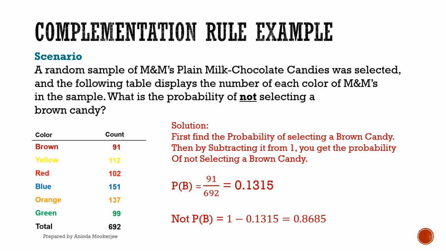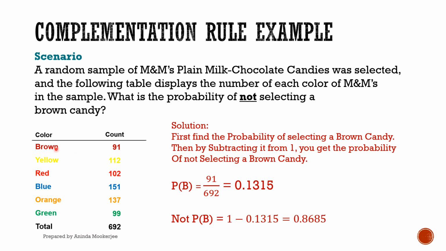Here's an application of the complementation rule. It says here a random sample of M&M's plain milk chocolate candies was selected, and the following table displays the number of each color of M&M's in the sample. What is the probability of not selecting a brown candy? So there was probably a jar of M&M candies, and M&M candies come in different colors.